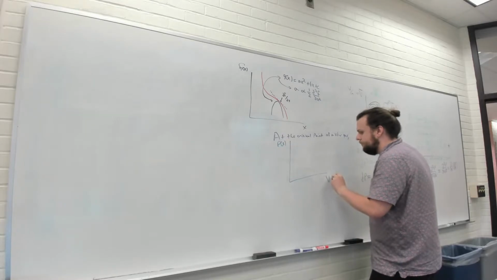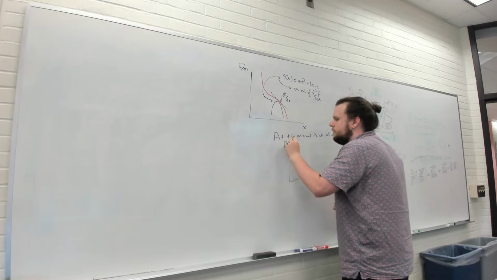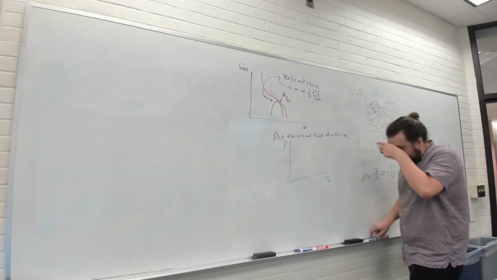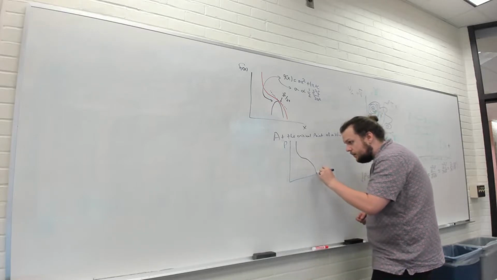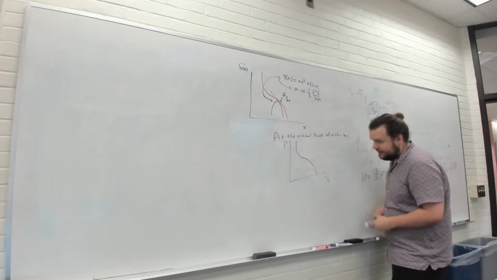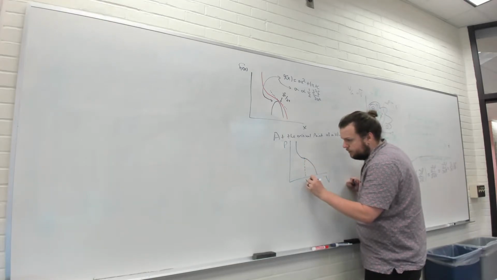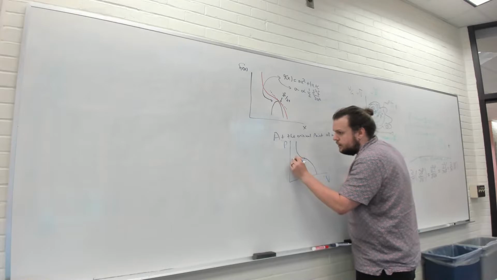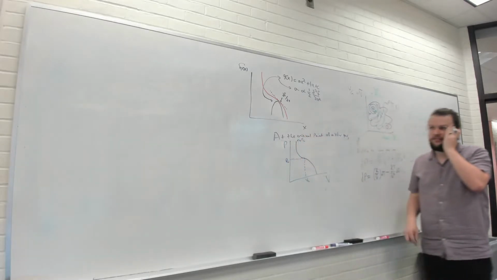Sorry, I want to do V versus P. You have a function that looks like this at the critical point. What we showed is that at the critical point, which is this place right here, which is VC, PC, and this is at temperature TC, right? Everything's fixed at temperature TC.